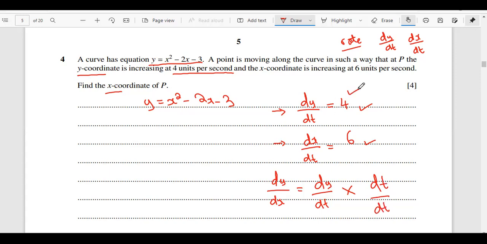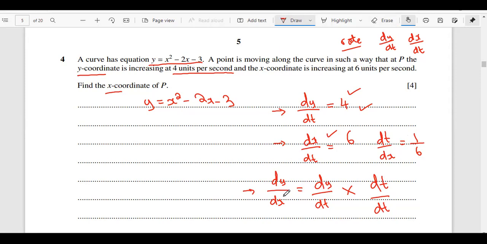I have dy by dt, and I have dx by dt. If I have dx by dt, I can easily find dt by dx by taking the reciprocal, so that would be 1 by 6. So I need dy by dx. Why do I need that? I'll come to that later. For now, just know how to calculate dy by dx.